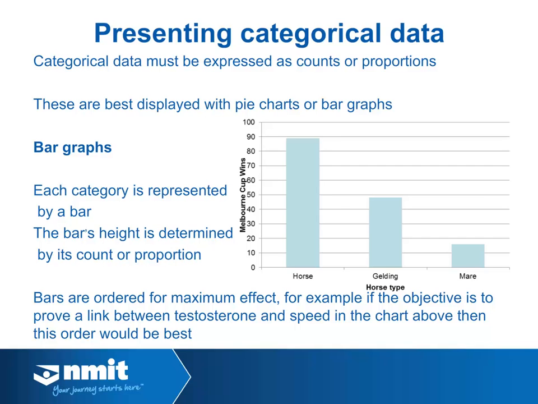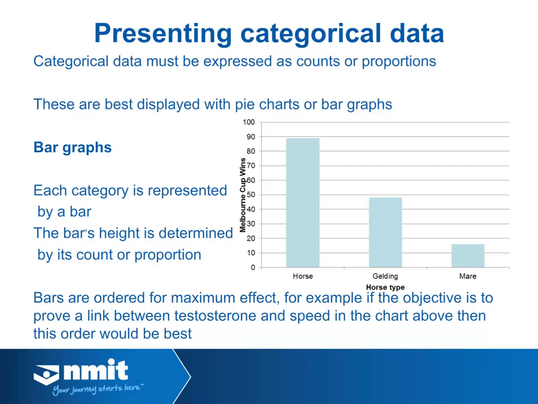So what was the mean winning time of stallions? So we're doing analysis on numerical data, but we've divided the numerical data up according to particular categorical variables, being the sex or type of horse.